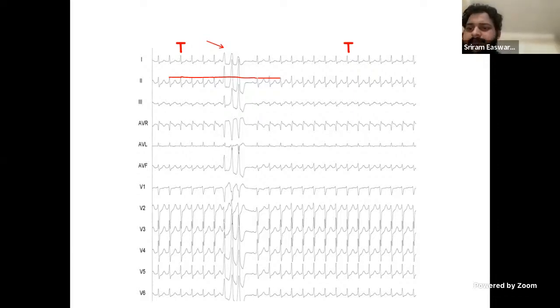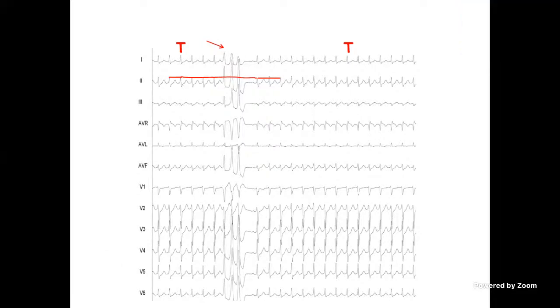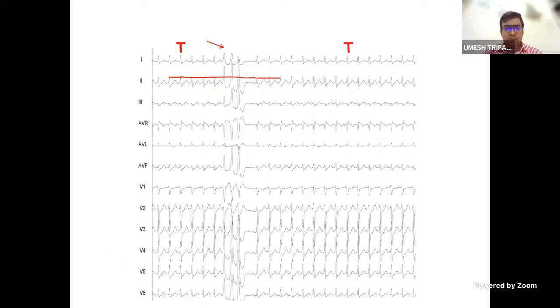AVNRT, sir. No. What did Dr. Chaturvedi tell you? In which of the 3 SVTs is the ventricle an essential part of the circuit? So AVRT. Correct. The name itself tells you: atrioventricular reentry tachycardia. AVNRT is atrioventricular nodal reentry tachycardia, and atrial tachycardia is a separate one.